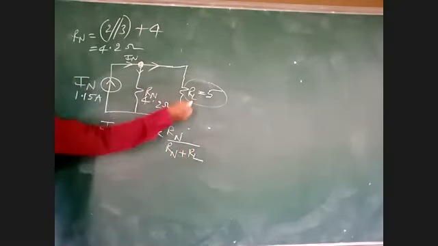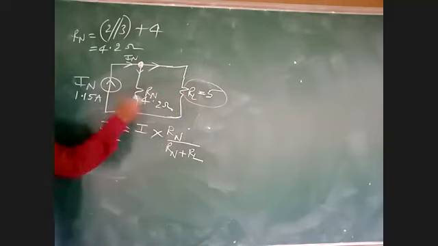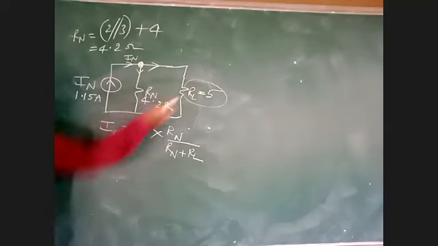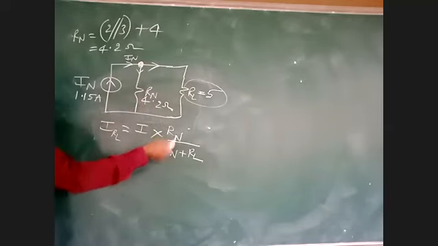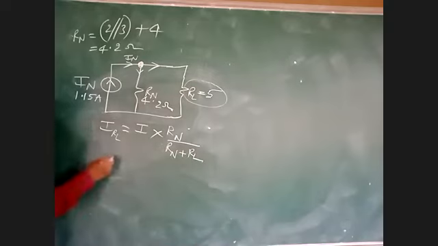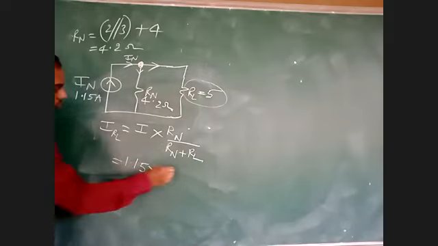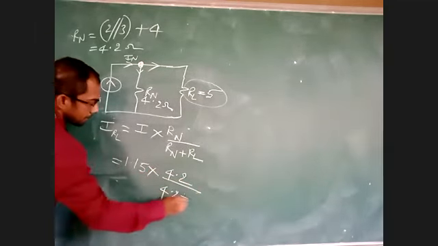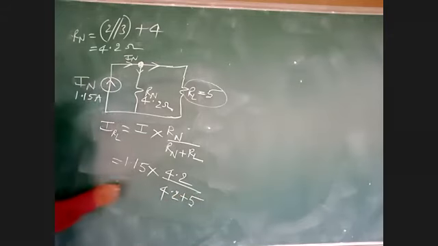I want the current in 5 ohms, so opposite to this branch is RN. Current divided is total current into opposite branch resistance by total. Apply current divider.